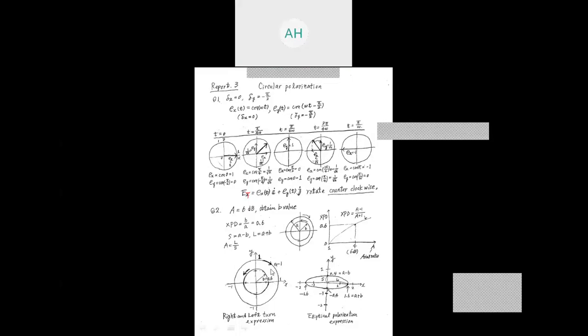And in the measurement, if we use left hand polarization, this A equal 1 is not received. Only the 0.6 component is received.